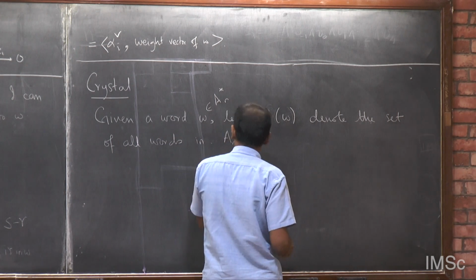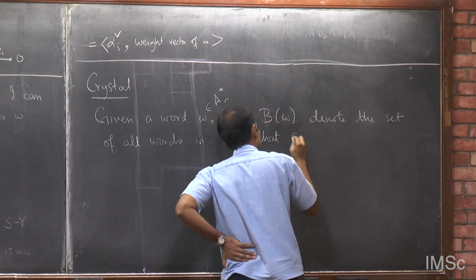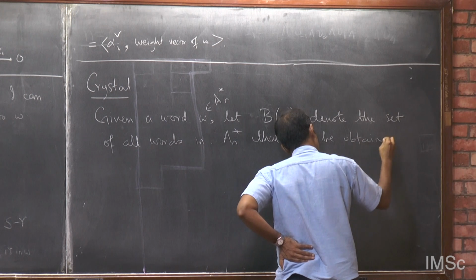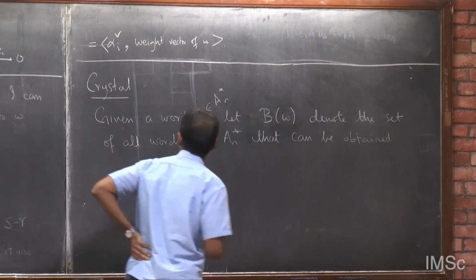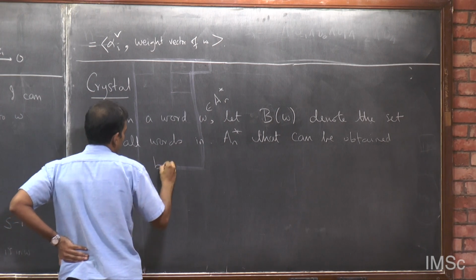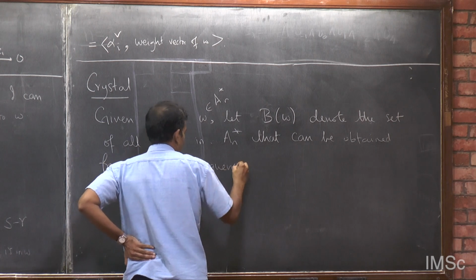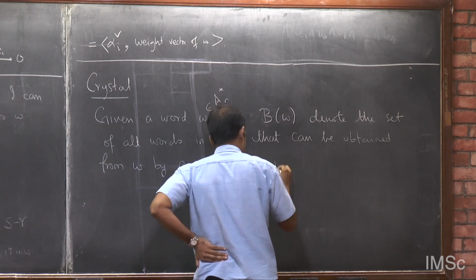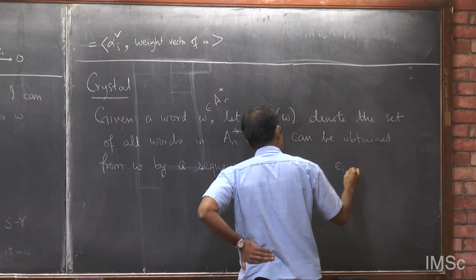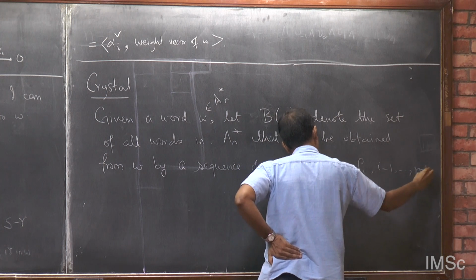In A n star, that can be obtained from W by a sequence of operators E I, F I, I goes from 1 to n minus 1.